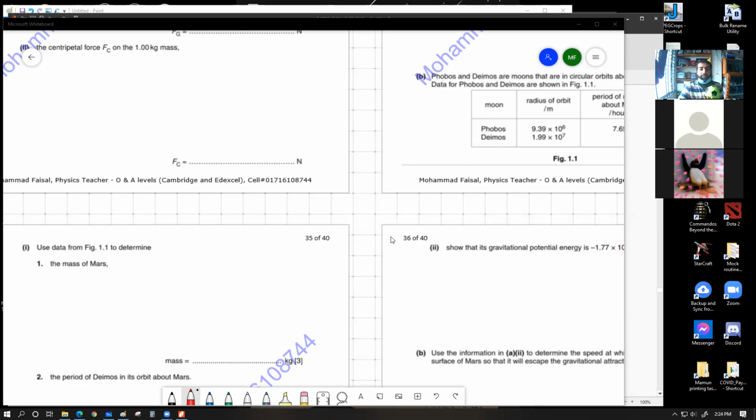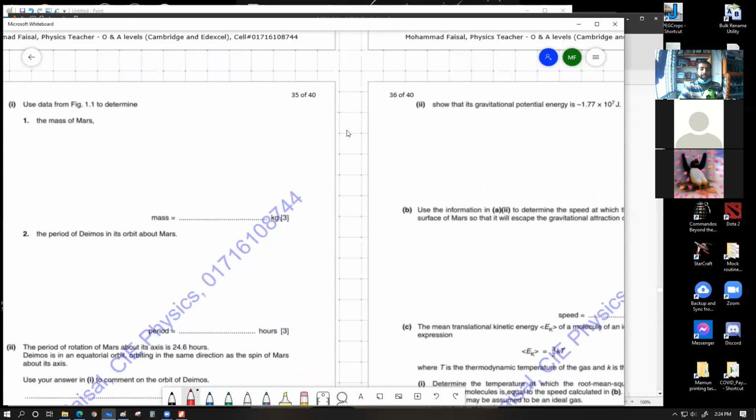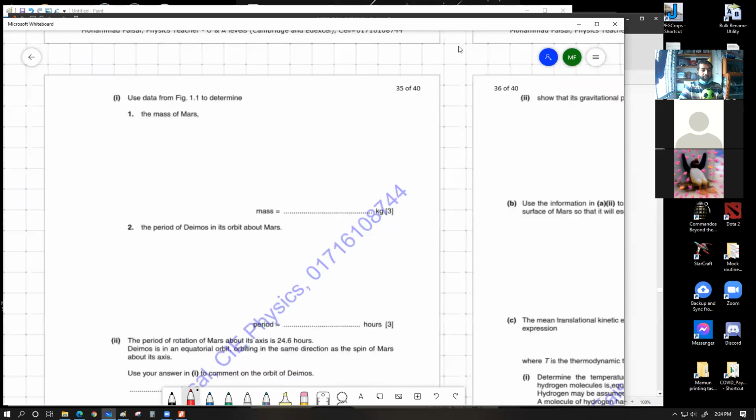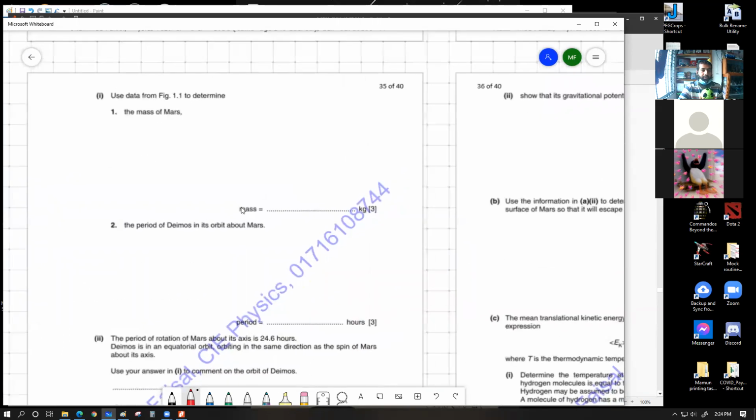If you have a look at the two values, the period of rotation of Mars about its axis is 24.6 hours, whereas the period of Deimos, how much did you get? 23.6 hours? Okay, 23 point something. Let's say 23 hours.